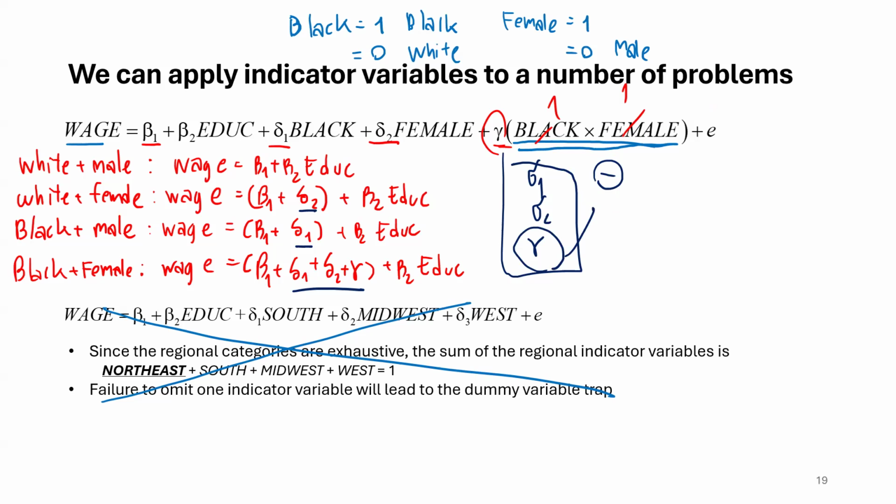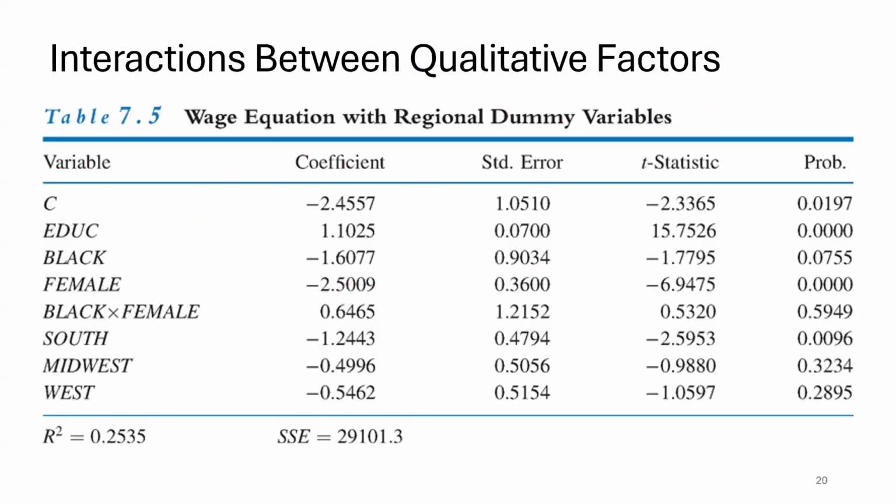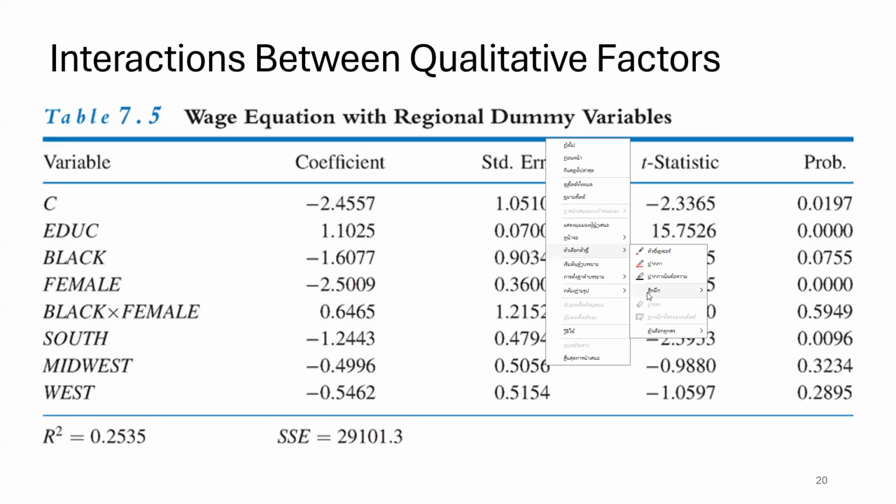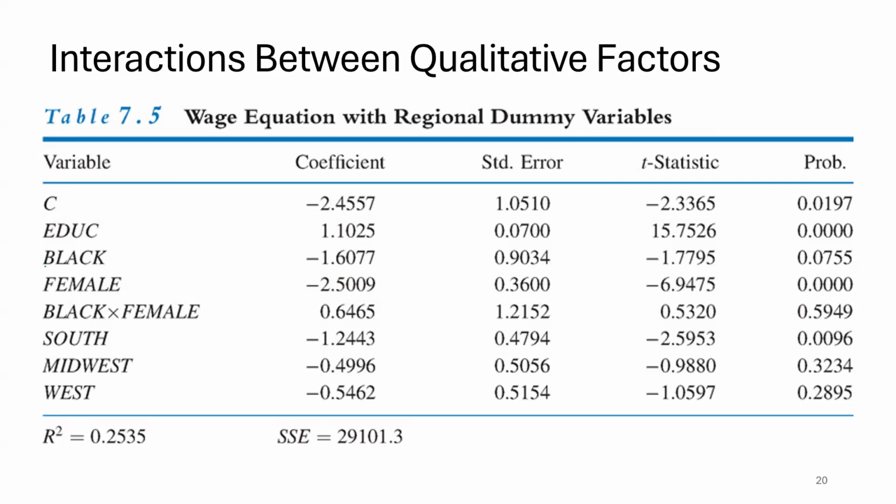Okay, let's see the result. They estimated it. First, if you are black, this happened in the USA, not in Thailand. Let's blame them. If you have black skin, the coefficient is negative and significant. Female is negative and strongly significant.